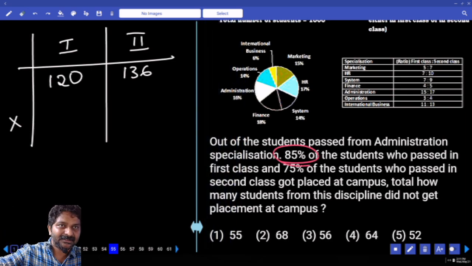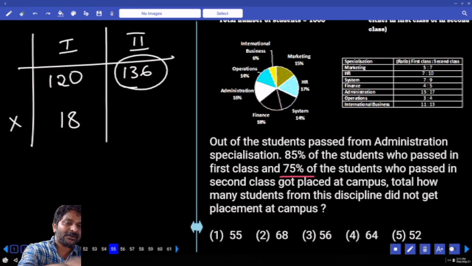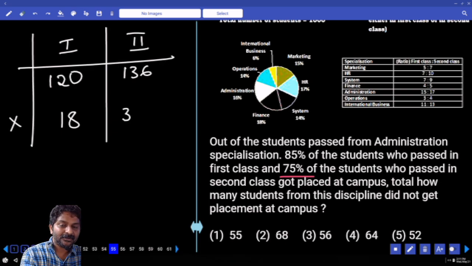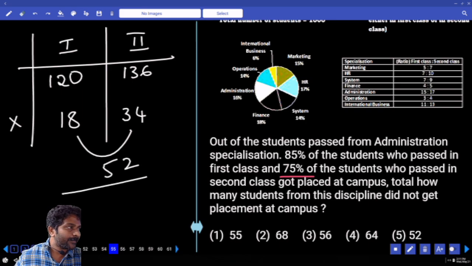Then rest 15%. Second class division, 75% got placement. How many did not get? 25% in the sense 1/4 only. 1/4 for 3 times. 4 times. Question is about sum of these two numbers. Answer ends with 2. 52.